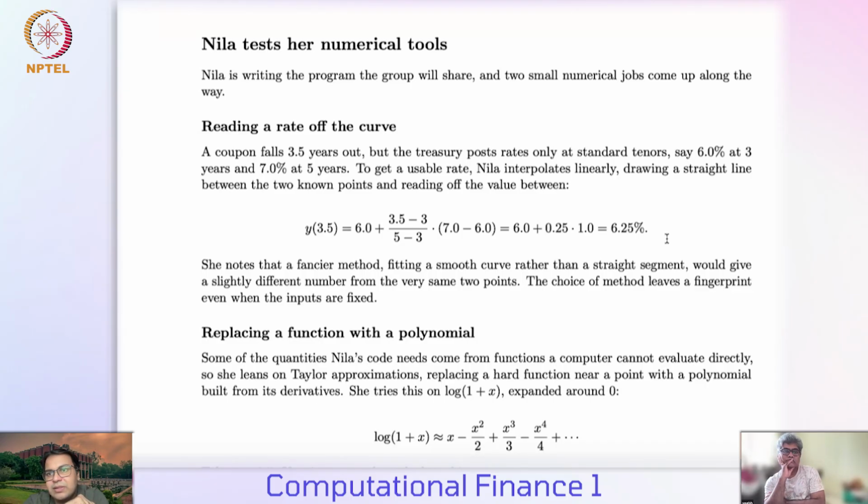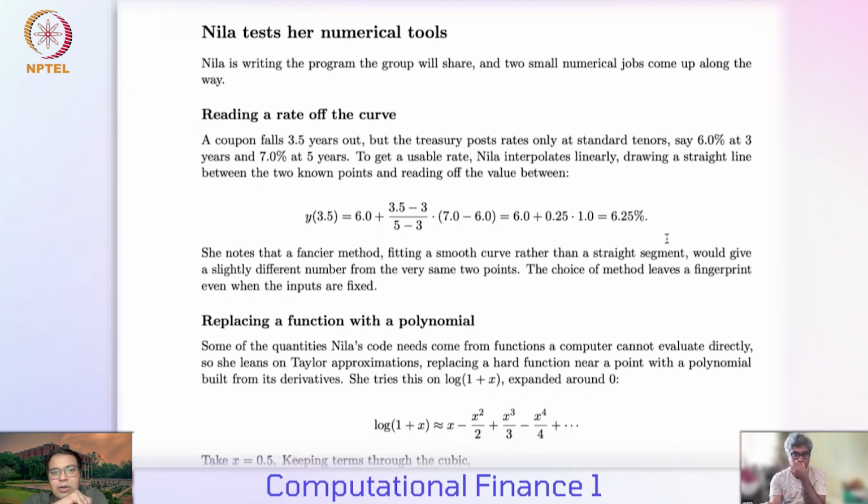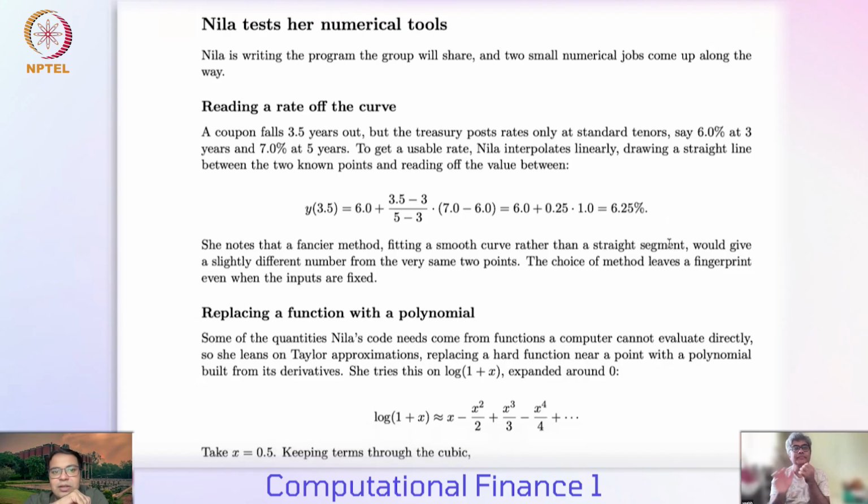Remember, when we discussed the yield curve, we discussed this problem that sometimes you are going to get information about the rate corresponding to 3 years and the rate corresponding to 5 years, but you may need information about coupons that are coming out at 3.5 years, right? So how do you use the information that is available to you?